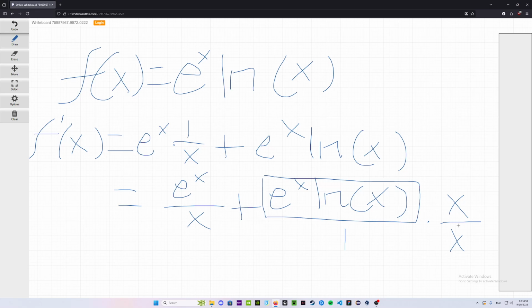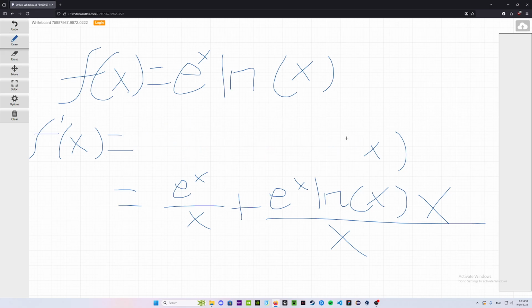It's just as simple as that. And you can do this for a bunch of other things as well. So once you multiply it by that, then you're also going to have an x right here. Now once you do this, you can just add them.